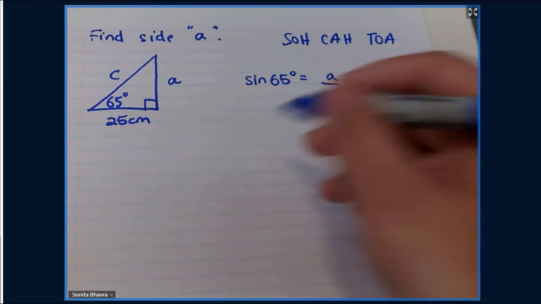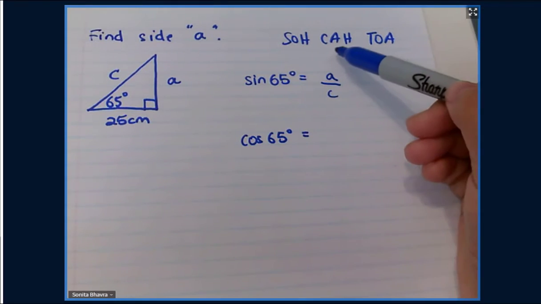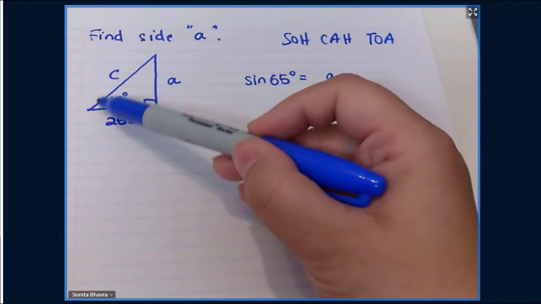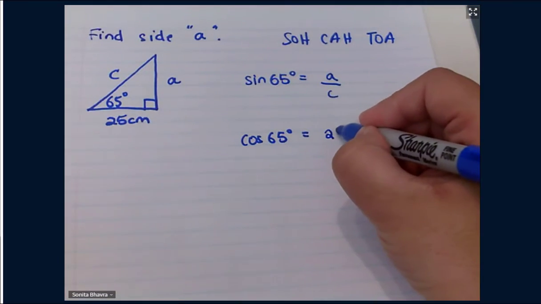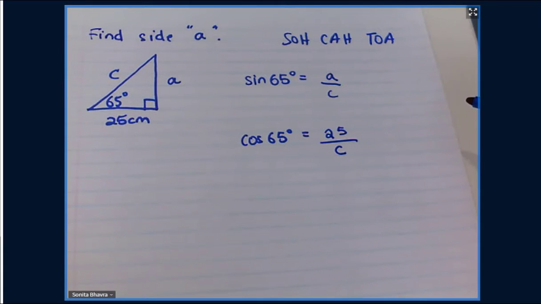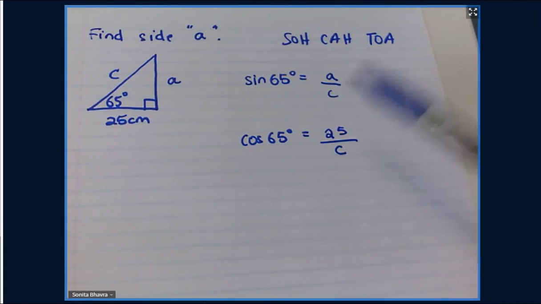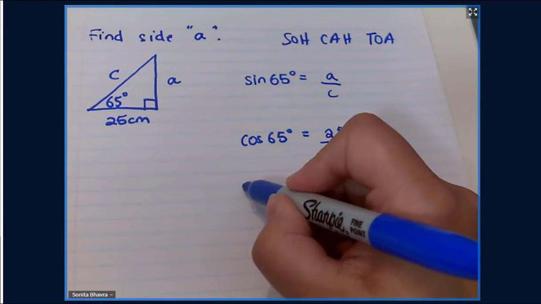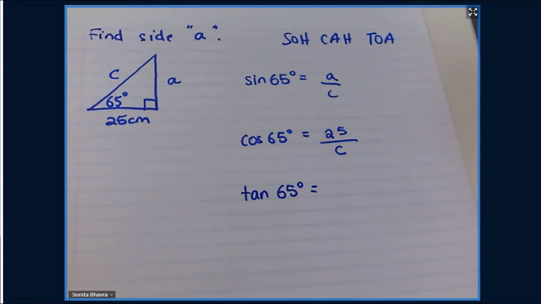Let's try the cosine ratio. Cosine of 65 degrees is equal to adjacent. So adjacent is 25, and hypotenuse is C. All right, but we are trying to determine side A. So this one doesn't really help us either. So let's try tan of 65 degrees, which is opposite.